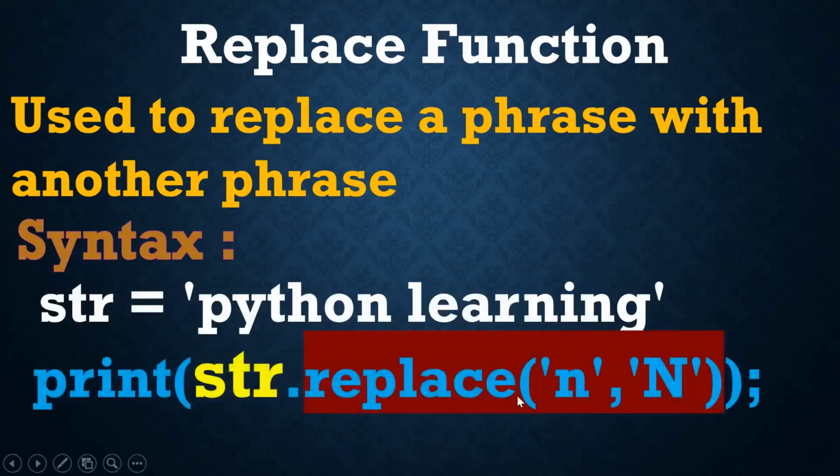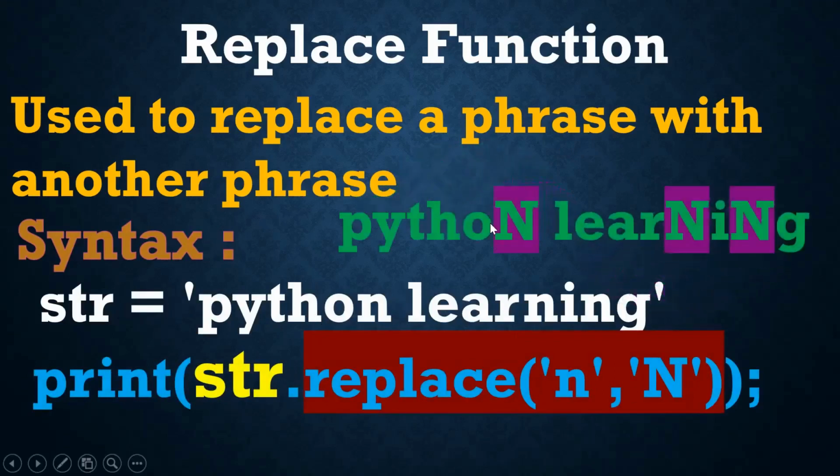Wherever n is there, I am trying to replace it with capital N. So small n, we are trying to replace with capital N. See the output. If I want to replace any spaces or anything, we'll go for the replace function. Now our use case is that wherever small n is there, we replace it with capital N. Hope this is clear.